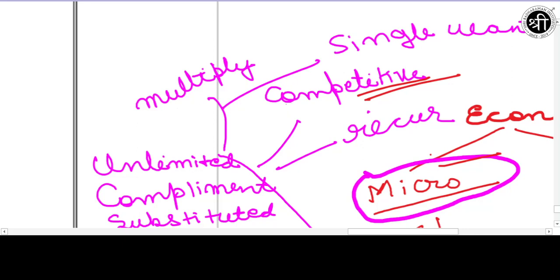Okay, and the last one and the most important feature of want is that wants remain ahead of the availability of goods and services. This means that no matter how many goods and services or how many resources we have, our wants are always going to be in excess of what we have. It means that you have 5 rupees in your pocket but want to buy something worth 100 rupees. So the same thing is in the case of wants also.